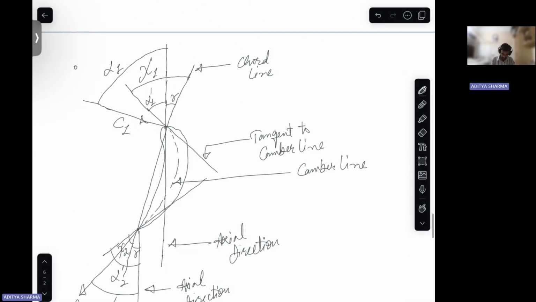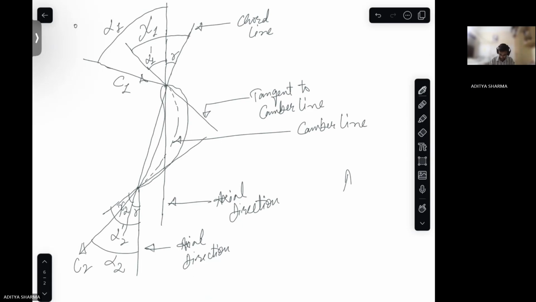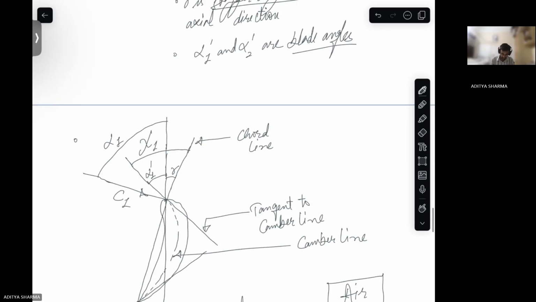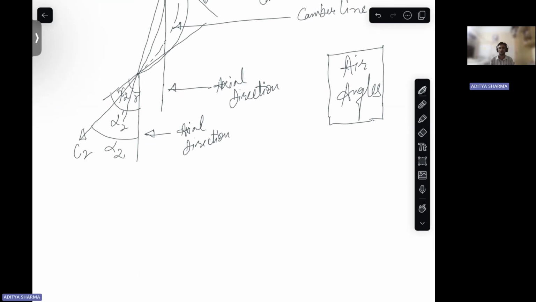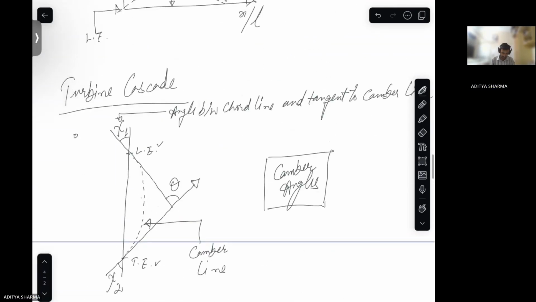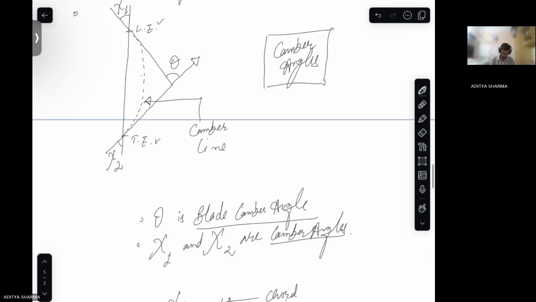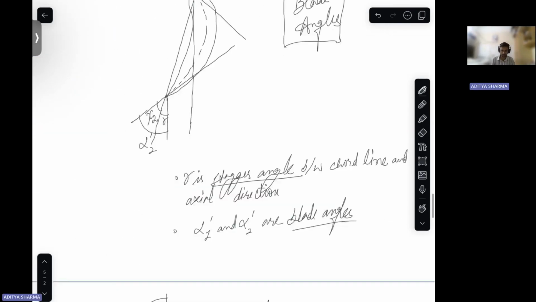And this is your air angles. So these are the angles of concern in a turbine cascade.